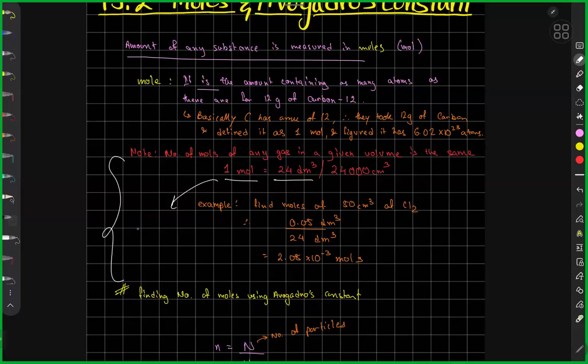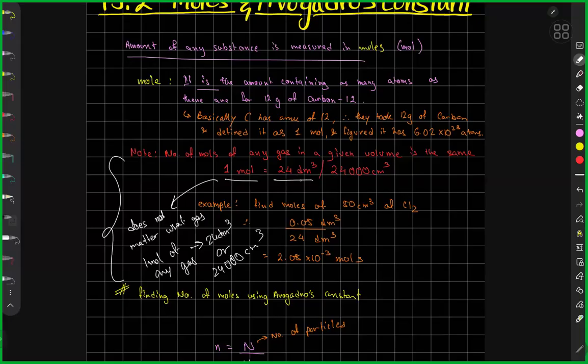Doesn't matter what gas you take, what substance it is, what element it is, does not matter at all. If I have 1 mole of any gas, it will occupy what volume? Any gas. It will always occupy 24 dm cube or 24,000 cm cube.